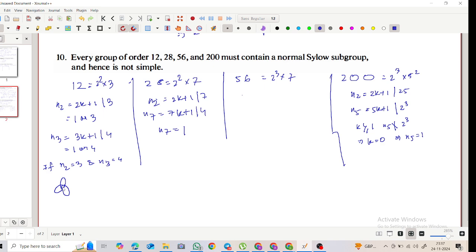So the intersection can be at most 2, right? So the intersection can be at most 2.